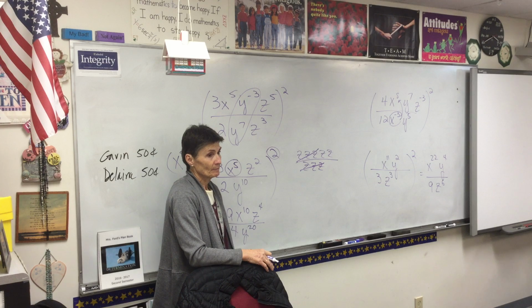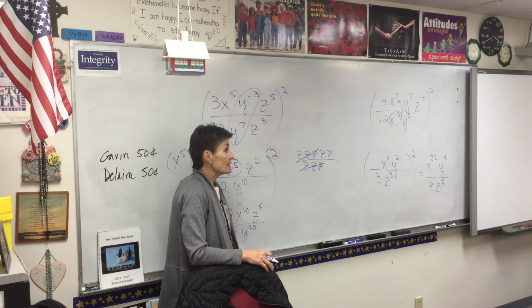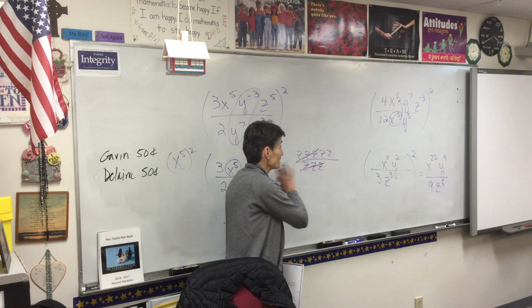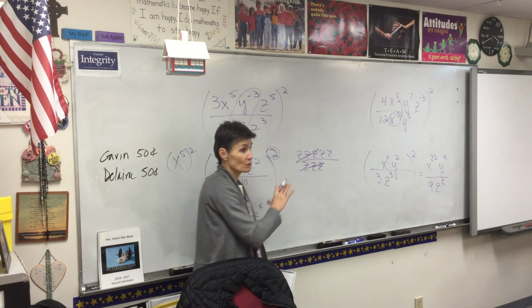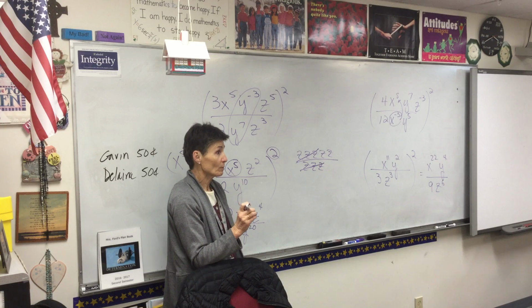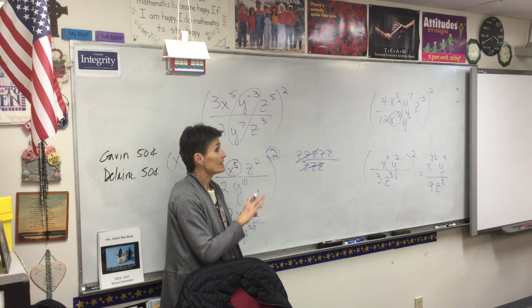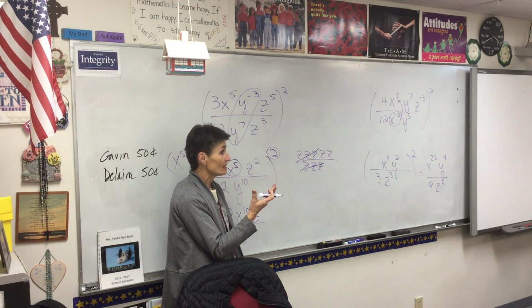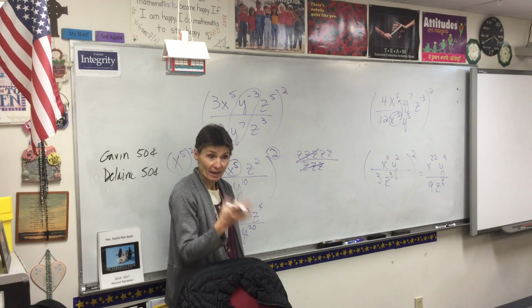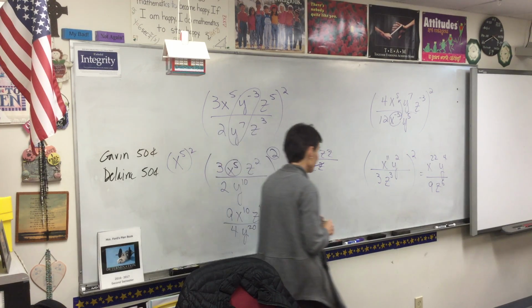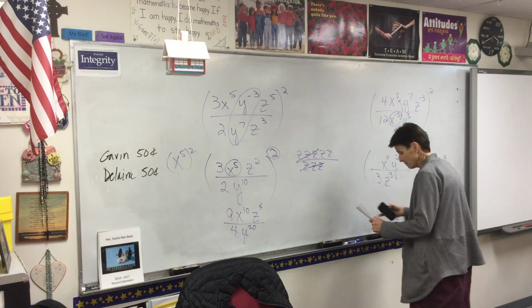Everybody okay with that? Okay. I did 2 of everything, but if you feel like you still need more practice, remember your exponent sheet, you still have that. It has the answers on the back, so you can work through some extra practice if you want to do that. All right, let's move on.